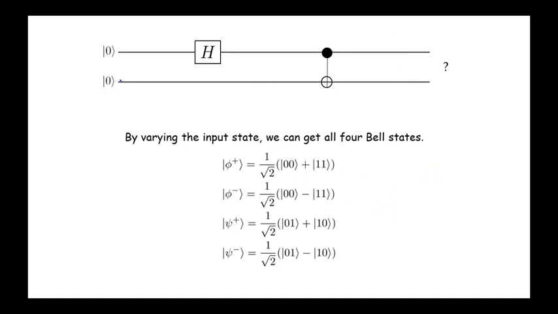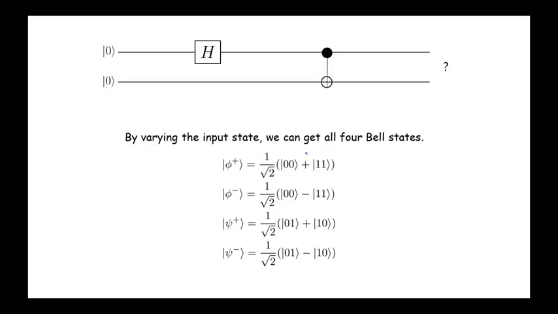Now here's the interesting thing. If you play with this circuit, you'll realize that as you change the inputs from 0 0 to the other three possibilities, 0 1, 1 0, and 1 1, the output state changes between this, what's called the phi plus state, which was what we were calling the Bell state.